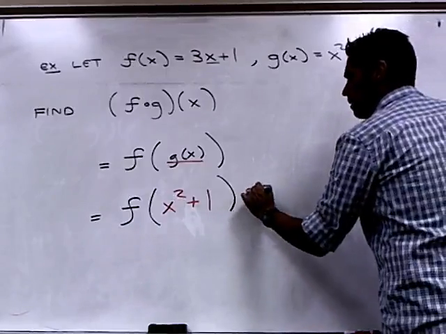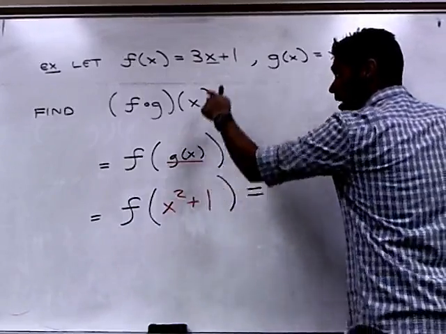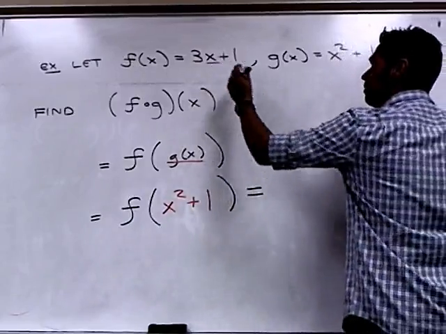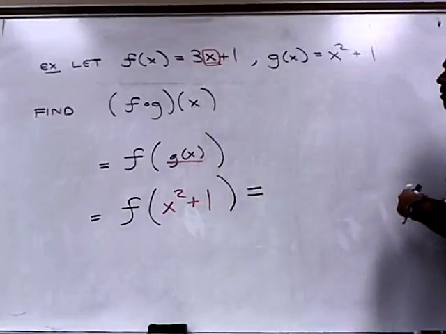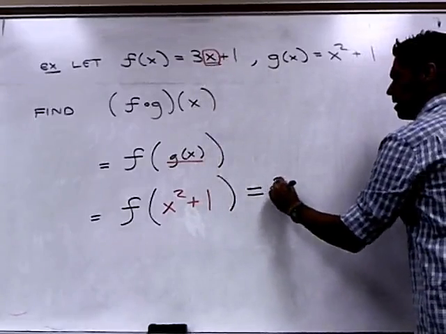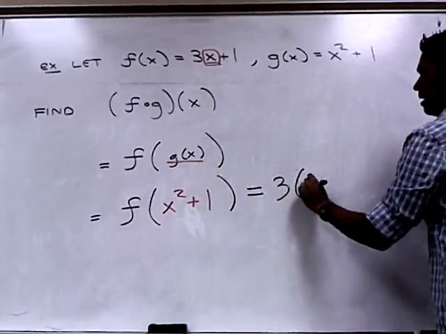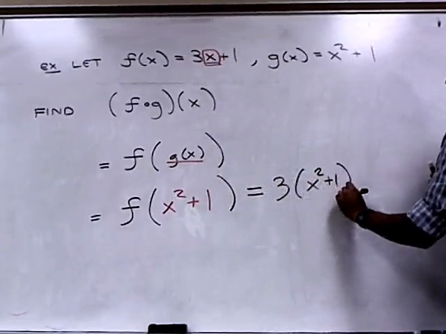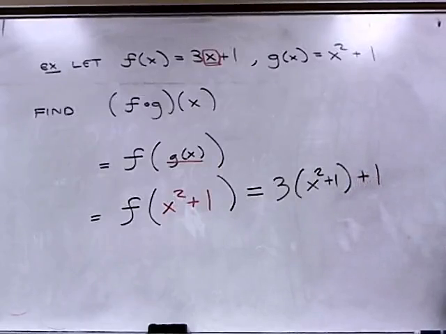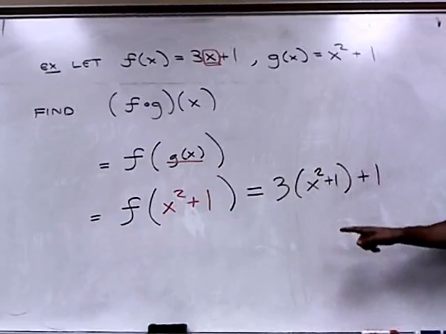So what would happen if I replace x up here in f with x squared plus 1? What would we get? 3 times parentheses x squared plus 1, plus 1. And now distribute through with your 3. Does everyone see that?